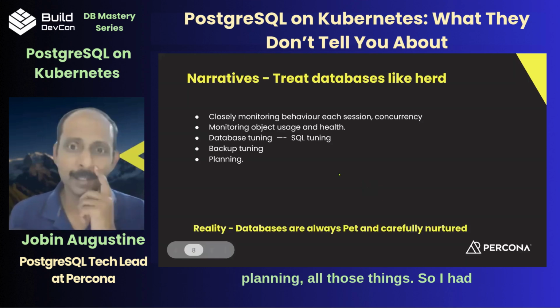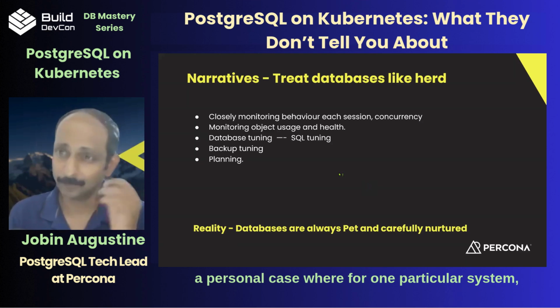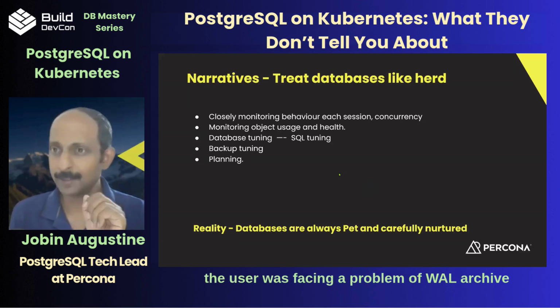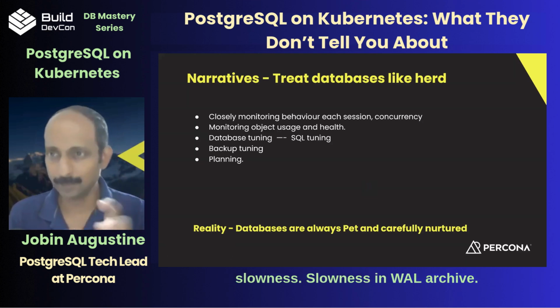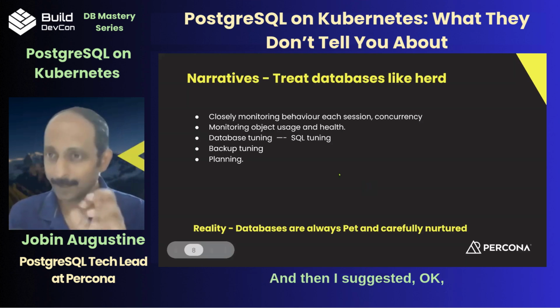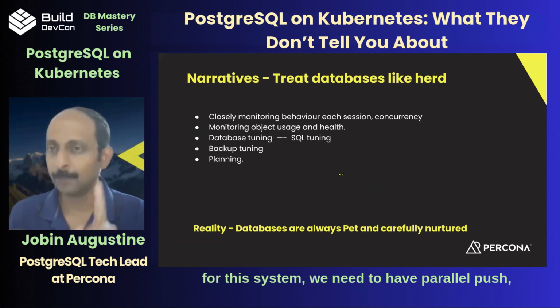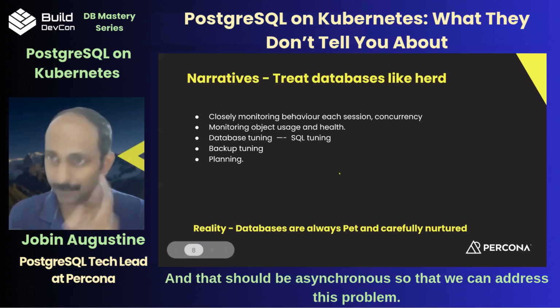I had a personal case where for one particular system, the user was facing a problem of WAL archiving slowness. Then I suggested, okay, for this system, we need to have parallel WAL push, parallelism in WAL archiving, and that should be asynchronous, so that we can address this problem.